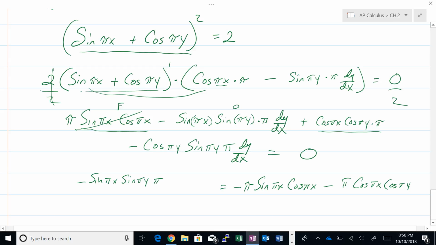And I'm going to pull out the dy dx, so hopefully y'all can follow what I did here. If I pull the dy dx out, I just have this left. So minus cosine of pi y sine of pi y times pi. Let me clean that up.